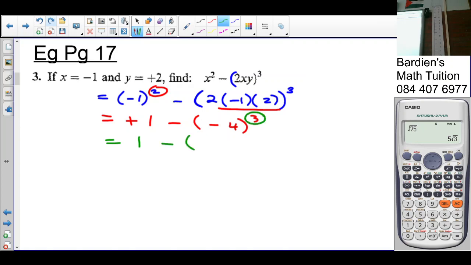Negative cubed is negative. So 4 cubed is 64. So we'll sort out our sign here for the bracket. We would drop the bracket. Negative times a negative is a? Positive 64. 1 plus 64? Okay. See any problems here? Any confusion?